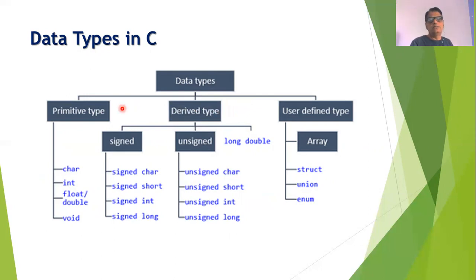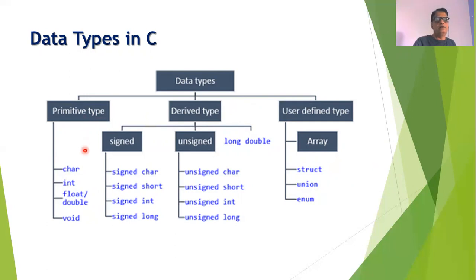It is also called the basic data type. The second one is the derived type. The derived type can be obtained by using the basic data types or primitive data types. And the third category is the user defined type. This is the category where the user or the programmer can define the data type as per the requirement of the program.